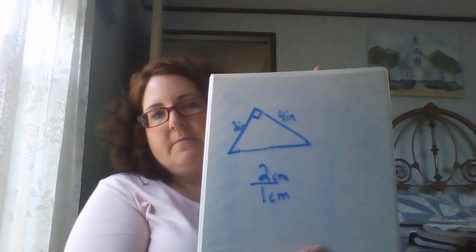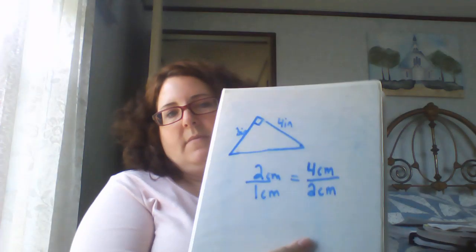Okay, so let's go ahead and compare. First of all, line AB and EF. You put that as a fraction, as a proportion. AB is 2 centimeters to the 1 centimeter of the other rectangle.